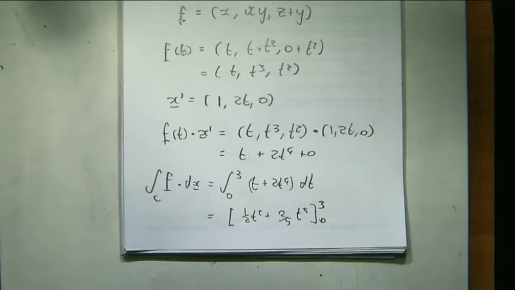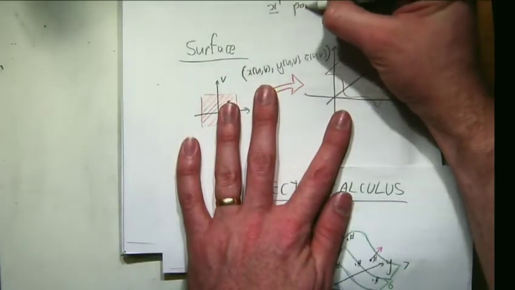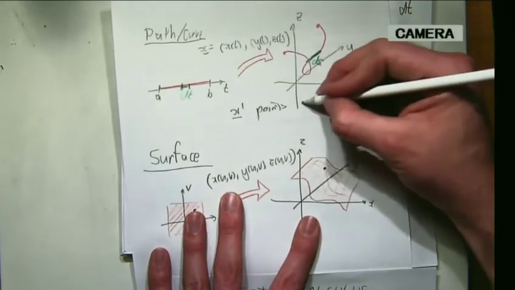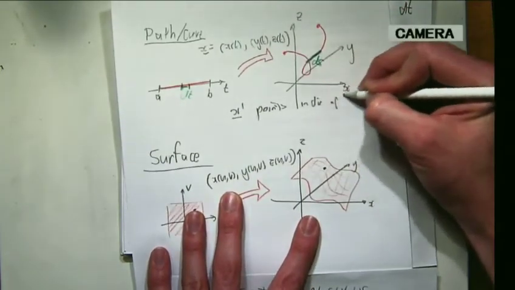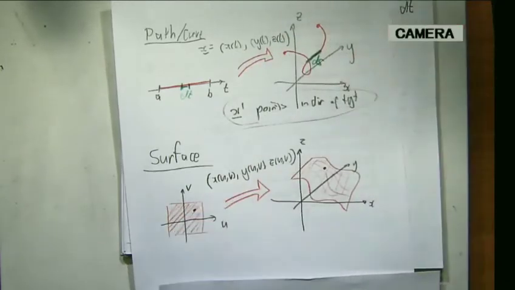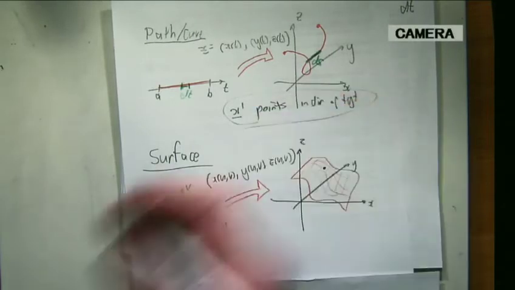So it's worth pointing out that on your path curve, x dashed points in the direction of the tangent. A useful piece of information that he brought up in an assignment.